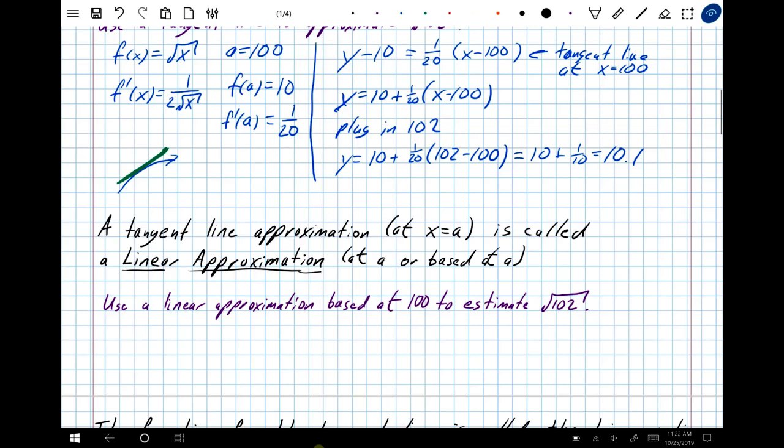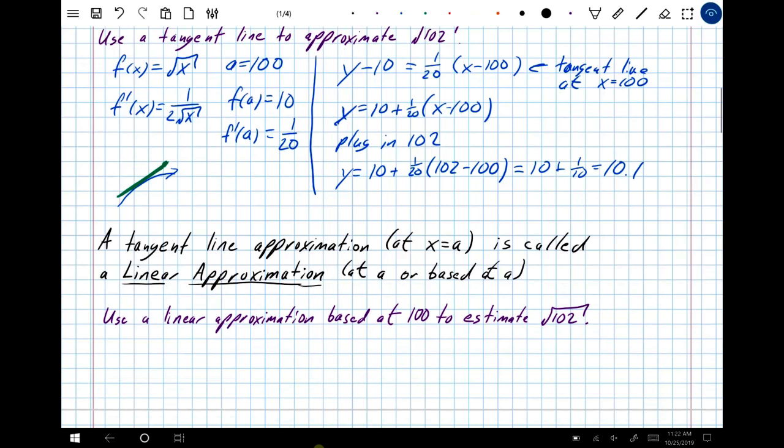And so if we wanted to use a linear approximation based at 100 to estimate the square root of 102, well, that's just what we just did, right? We'd say, oh yeah, and I'm going to go ahead and peek ahead a little bit. I'm going to say this linear approximation, let's call it L of x. L for linearization. L of x is going to be equal to 10 plus 1 over 20 times x minus 100.